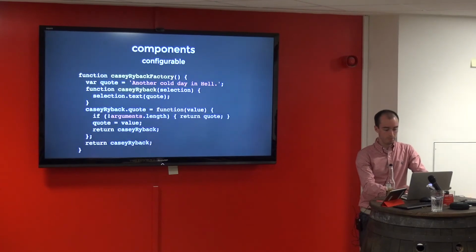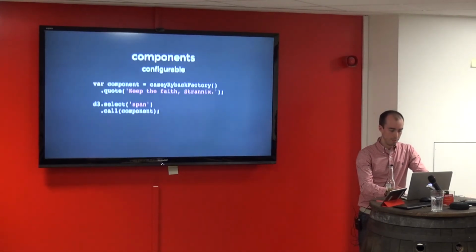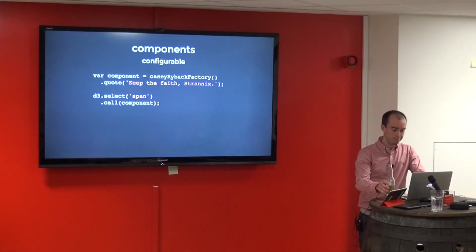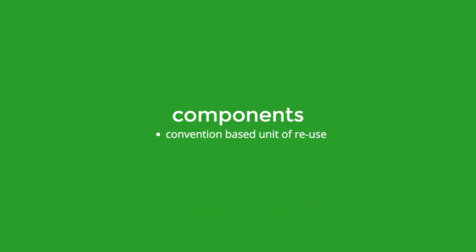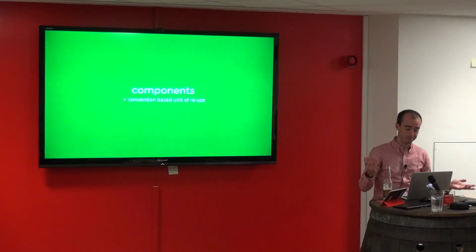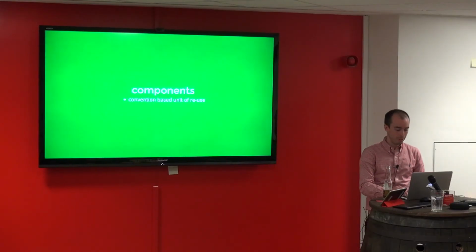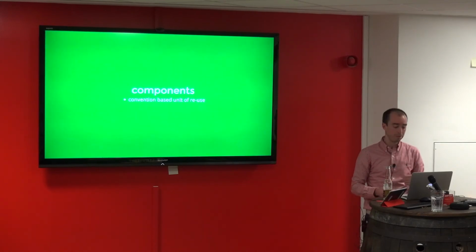And then we return it from the factory. In this example, of how you'd use it. So, as in JavaScript, a component is just a convention-based unit of use. What I quite like about D3 is it doesn't introduce any new syntax for creating components. It's just JavaScript.